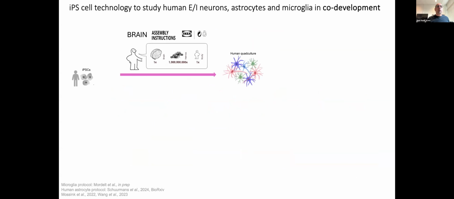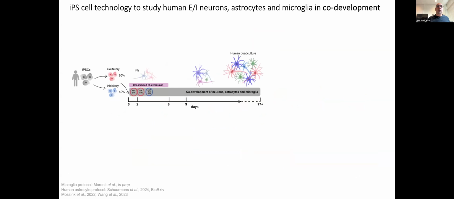But in the lab in general, that's a little bit how we look at it now. We have all the instructions to generate all the individual cells, and then we generate our network of choice, which we now like to have with excitatory and inhibitory neurons, but also on top of that, astrocytes and microglia, two important cell types that support neurons but also help modulate them.